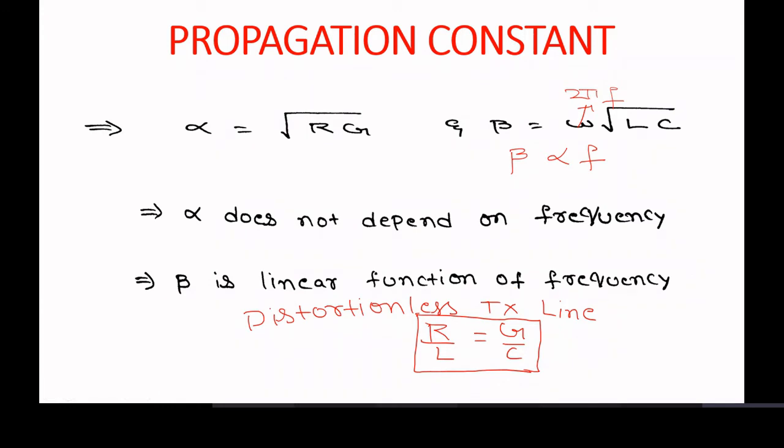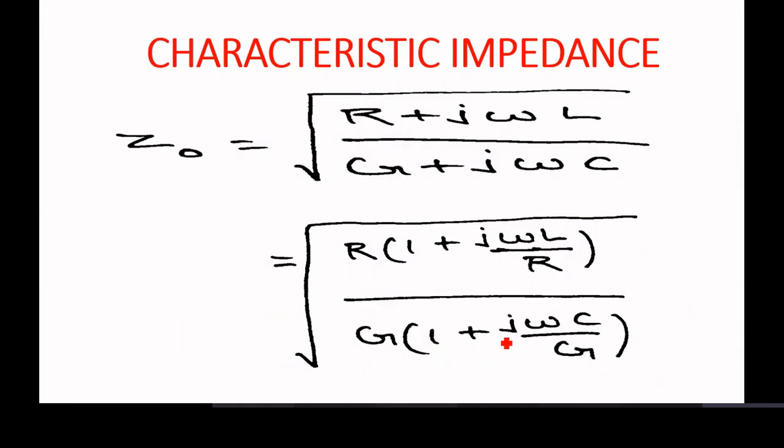So this is about the distortionless transmission line. The attenuation constant should not depend on frequency, whereas the phase constant beta should be a linear function of frequency. Then only we'll call that transmission line a distortionless transmission line. For this, R by L is equal to G by C has to be satisfied.